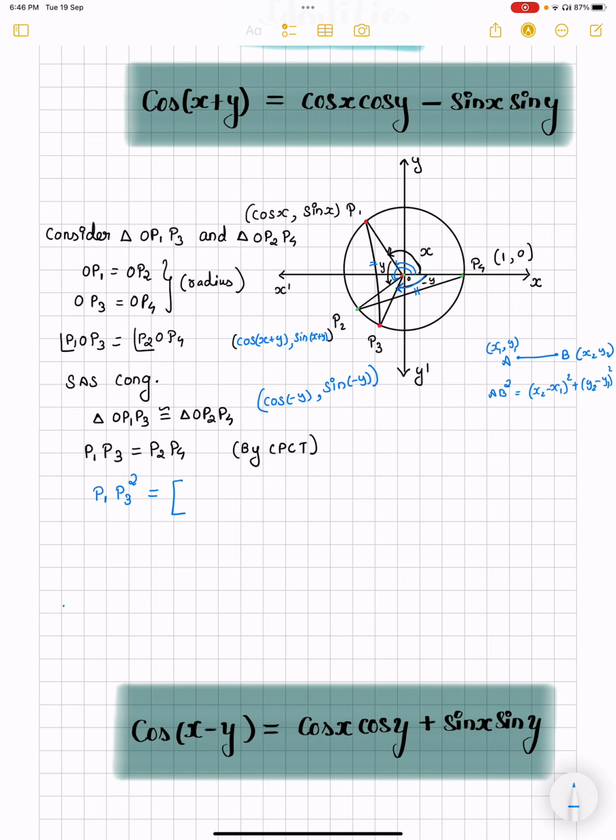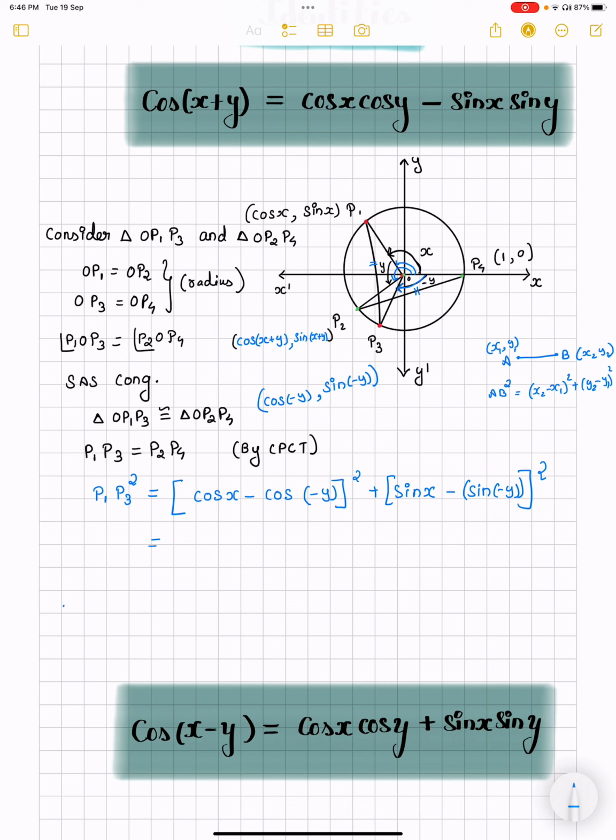So now see, x2 minus x1 or x1 minus x2 both would work, I said. So I'm just going with x1 minus x2. I would be writing it as cos x minus cos of minus y the whole square plus sin x, that is y1, minus sine of minus y the whole square, that is my y2. Done?